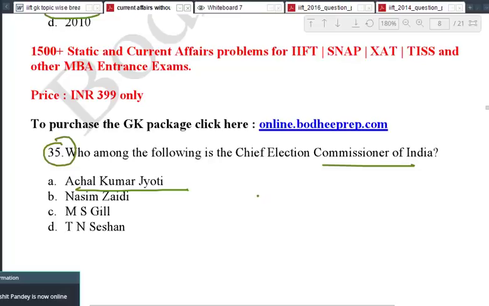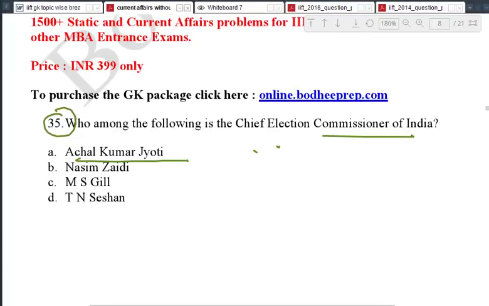You must know the names of the high officials, because usually the chairperson of the Niti Aayog, the Chief Election Commissioner, the Chief Justice of India, the Attorney General, all these kinds of things you will definitely get, and the chances are very high. I don't say you will definitely get, the chances are very high. And therefore, if you want to stay safe and if you don't have much time, at least you go through these kinds of questions.